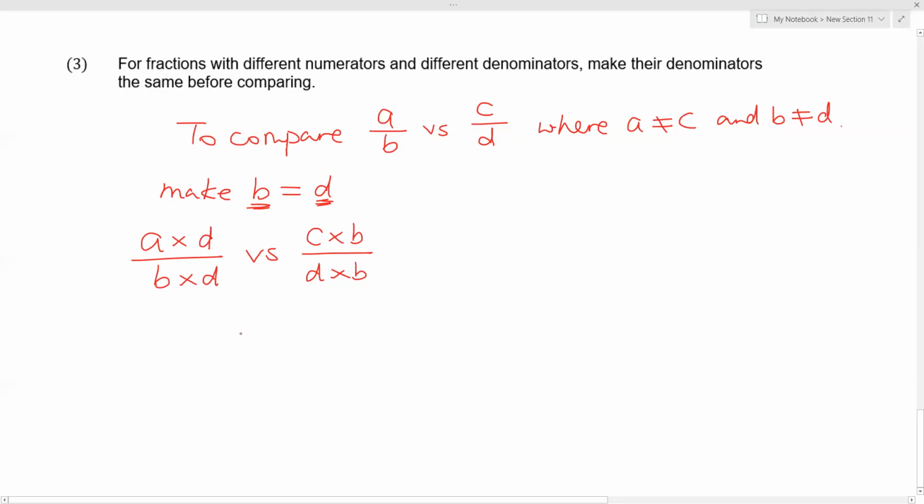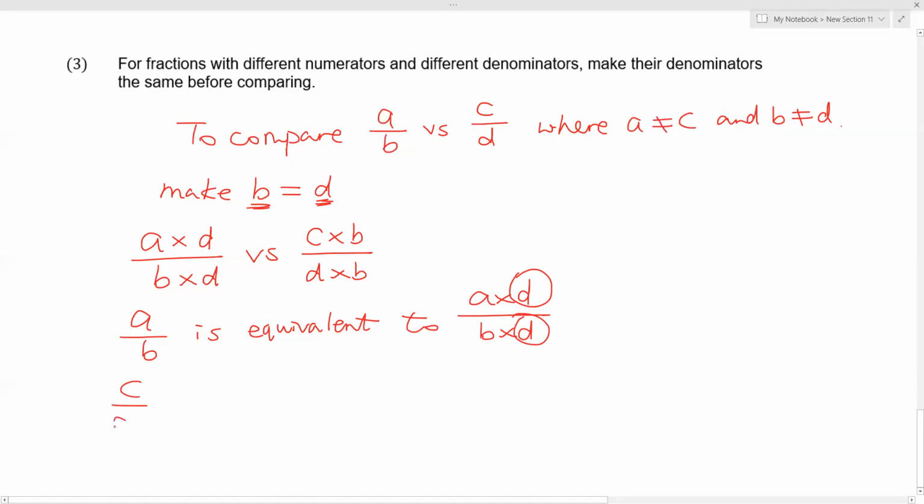Why can we do this? Because a over b is equivalent to a times d over b times d, as you are multiplying the numerator and the denominator by the same number d. At the same time, c over d is also equivalent to c times b over d times b.